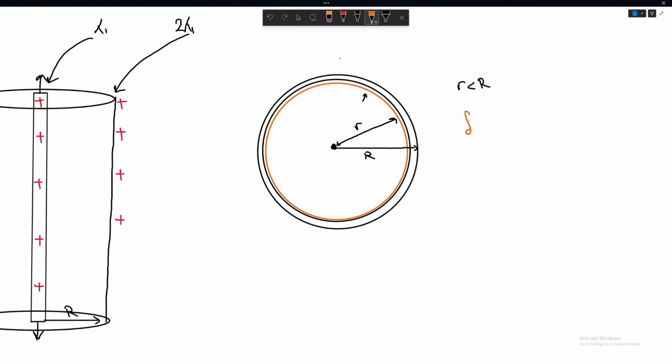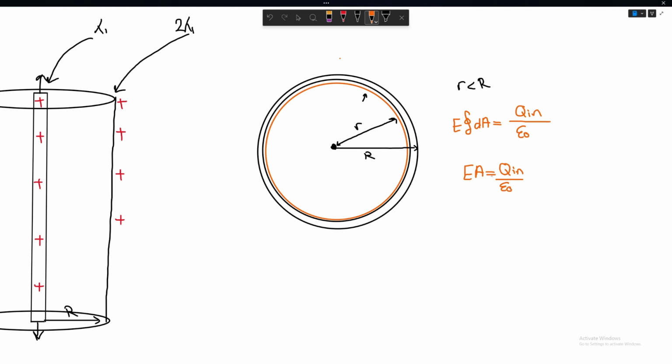Now I know Gauss's law, so I'm going to assume this orange is a Gaussian surface. Gauss's law: E on the outside, EA, equals my Q inside, all over my epsilon naught. Now redoing this, I'll get EA equals Qn over epsilon naught.